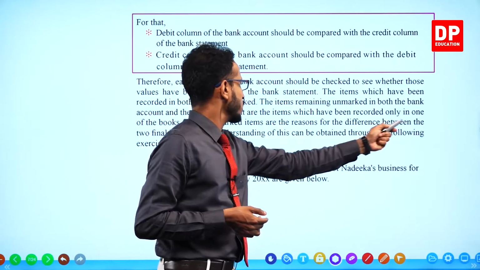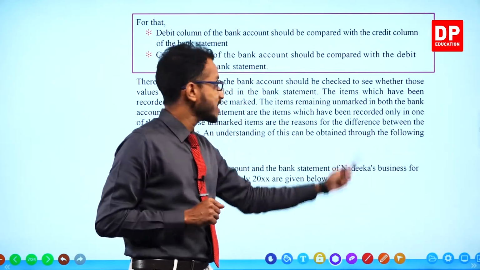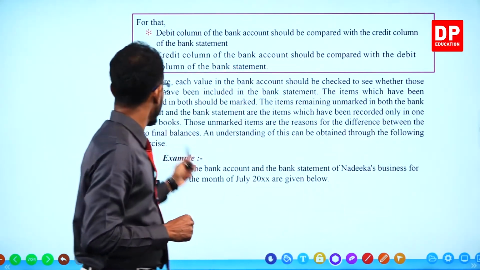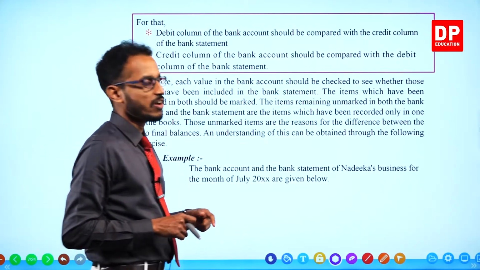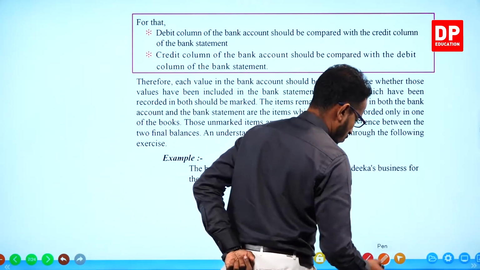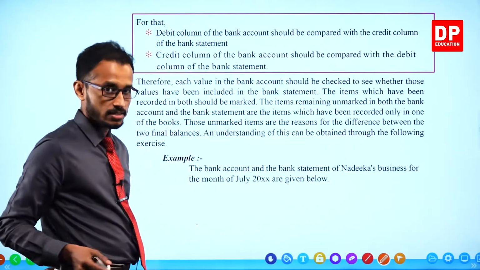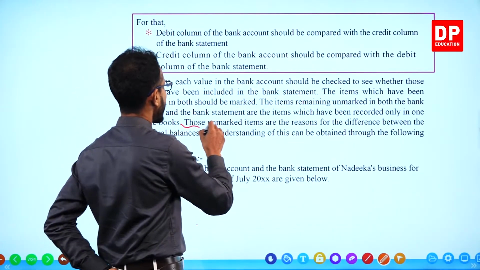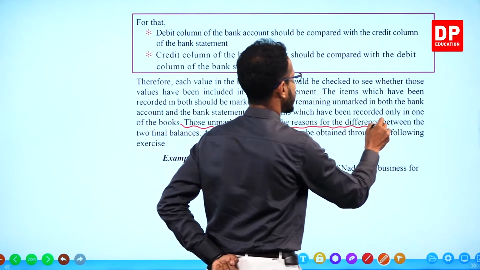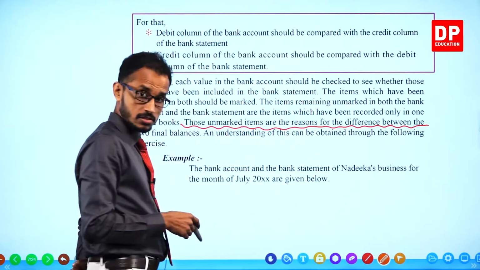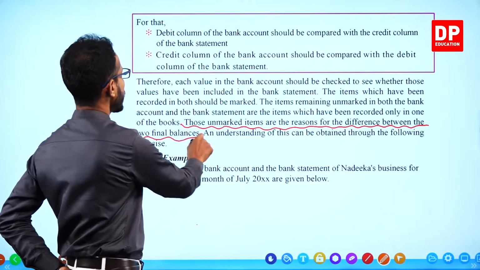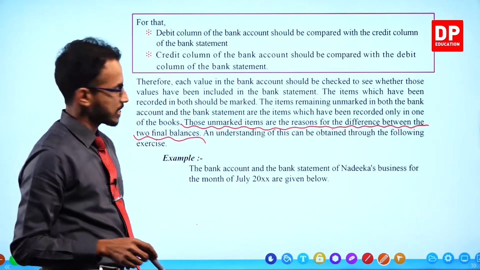Those unmarked items are the reasons for the difference between the final balances. All right, so this is where we are coming at. Those unmarked items are the reasons for the difference between the final balances.